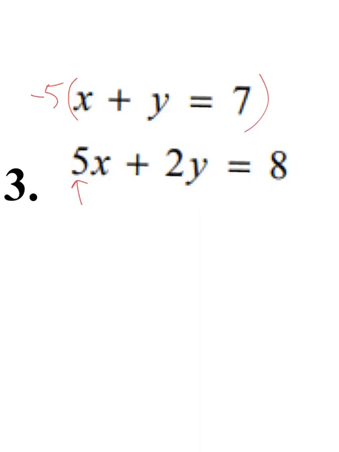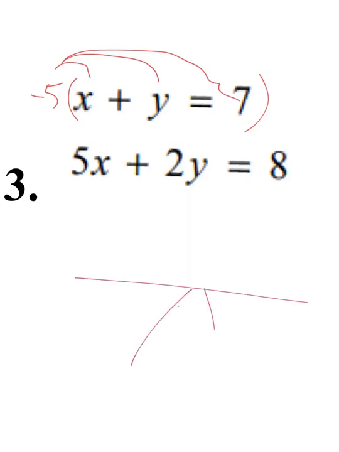So what I'm going to do is I am going to distribute this -5 to everything, not just the left side of the equal sign, the right side too. You can multiply any number to an equation as long as you do it to both sides. It's just like the rules of algebra. You're trying to balance the scales here.